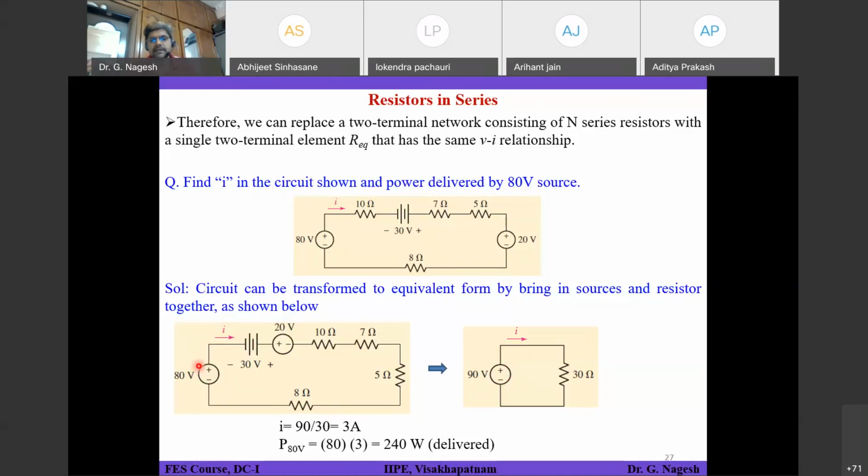Power absorbed means current flowing into the positive terminal. The current flowing out of the positive terminal is 3 amperes and the voltage is 80 volts. So 80 into 3 will be 240 watts. This is the delivered power.